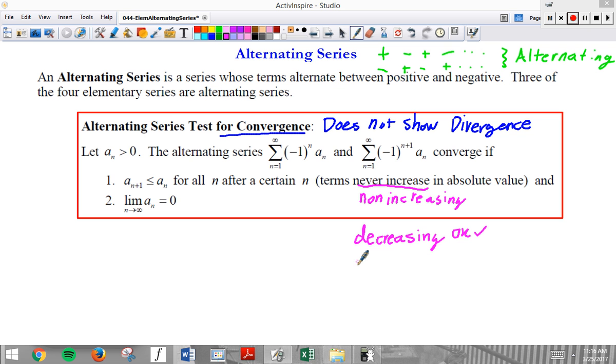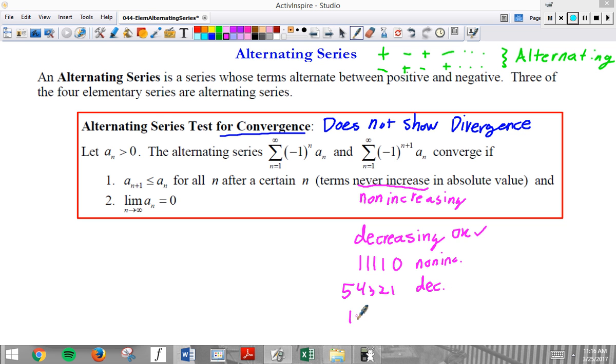We talked about this in lesson 7.2. 1, 1, 1, 1, 0 is an example of non-increasing. 5, 4, 3, 2, 1 is what we would call a decreasing sequence.